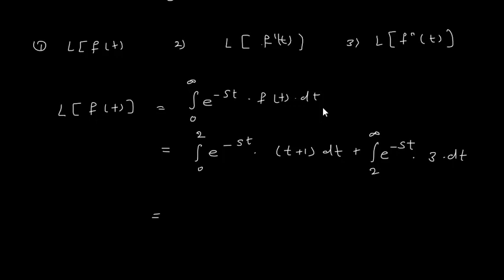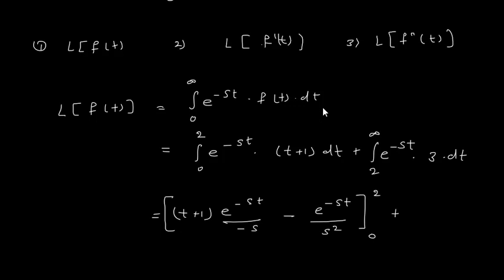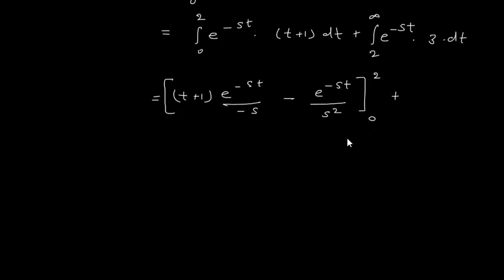So this is equal to, now u into v I will apply. So t plus 1 into e power minus st upon minus s, then minus, I differentiate t plus 1, I will get 1 into e power minus st upon s square. The limit is 0 to 2, plus 3 times e raised to minus st upon minus s, and the limit is 2 to infinity.